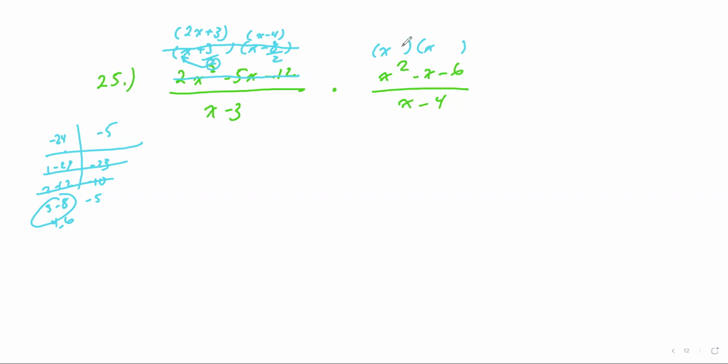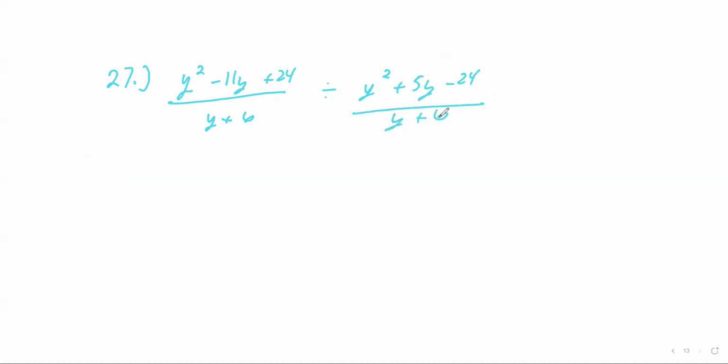Multiply to -6, but add to -1. That's going to be 3 and 2, and that'd be a negative and a positive. So now I've factored, now I'm ready to cancel. My x minus 3 goes, my x minus 4 goes, and I'm left with 2x plus 3 times x plus 2. They are both on the numerator side, and you don't have to worry about distributing it. You can just leave it like that.